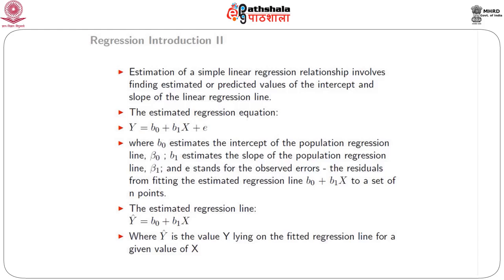Beta naught here is called the intercept of the model and beta 1 is called the slope parameter of the regression model. The estimated regression line is then of the form y hat equals beta naught hat plus beta 1 hat x, where hat represents the predicted value of y based on the values of the variable x.